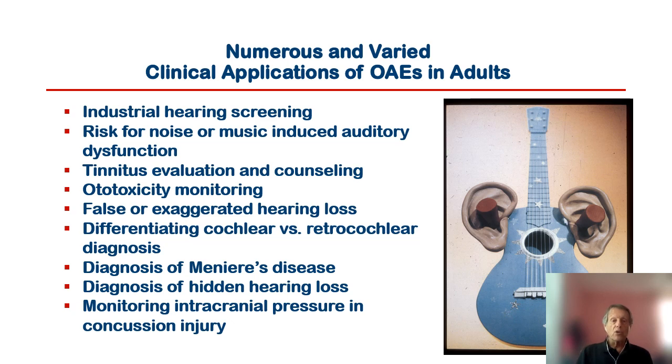You've all probably heard of hidden hearing loss and synaptopathy, damage or dysfunction of the auditory neurons beyond the inner hair cells. OAEs can be useful in those patients. And then even as an indirect measure of intracranial pressure in patients who have had some kind of head injury, maybe a sports injury. So there are many applications of OAEs in adults.